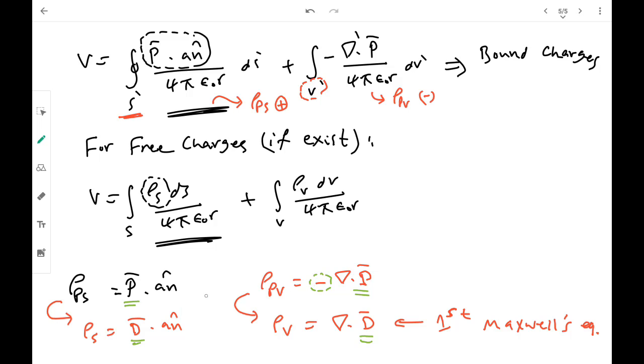So in order to calculate these charges, we need to find polarization in a way different than the previous equation, which includes the summation of all dipole moments, since physically it is not feasible to know the number of dipoles and the orientation of each dipole and the dipole moments inside any material, so it will be difficult to use that equation. So we need to find another simple equation to calculate the polarization.